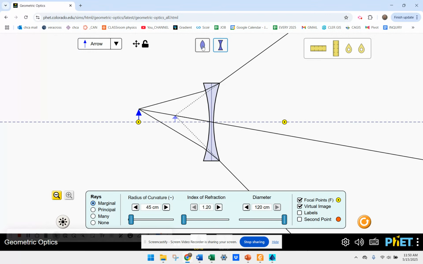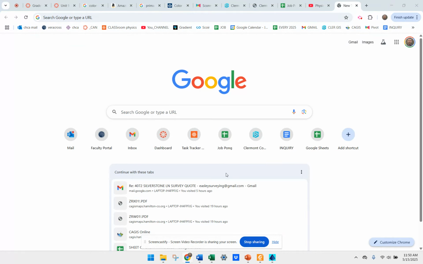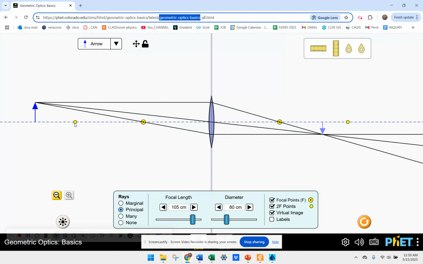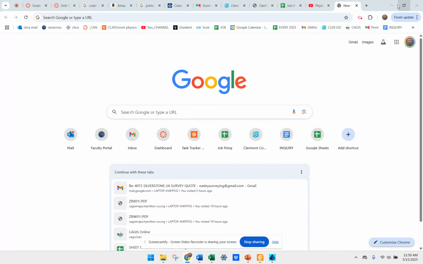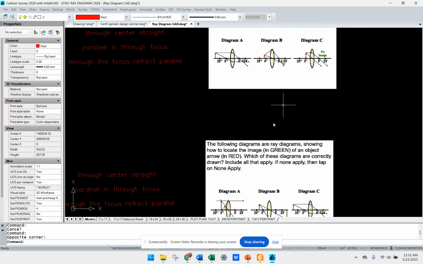These are useful because the geometric optics has converging and diverging lenses, whereas the basics allows you to show 1F and 2F by clicking this on and off. And when you're doing these, if you're really struggling, you may find it worth your time to be pulling those up. But we'll continue down here.